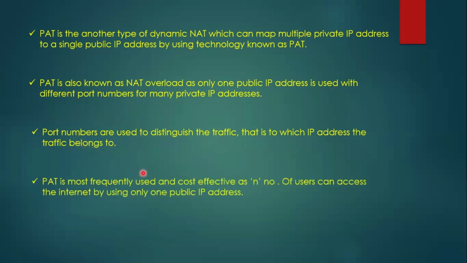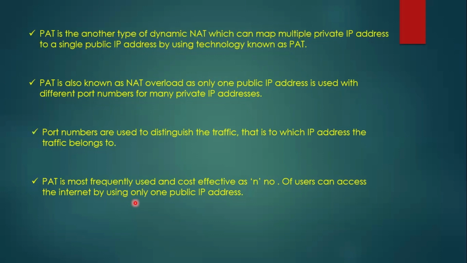assigned with the public IP. So PAT is most frequently used and it is one of the most cost effective, as n number of users can access the internet by using only one public IP address. So in case of a static NAT or the dynamic NAT, if we have 100 PCs, we need to buy 100 public IP addresses.